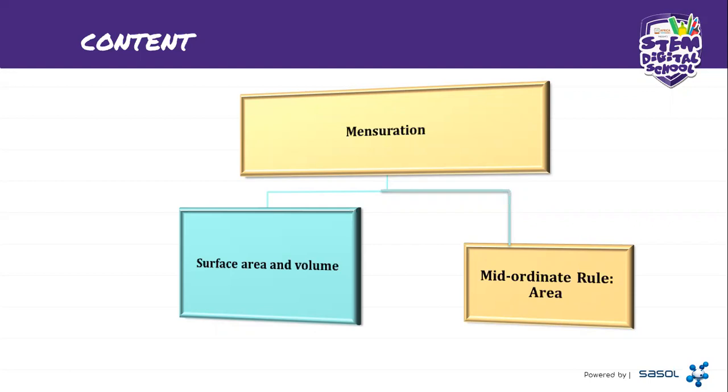Next we have the mid-ordinate rule, where we are going to calculate the area of irregular figures or irregular shapes. So those are the two concepts I want us to focus on for today's lesson.